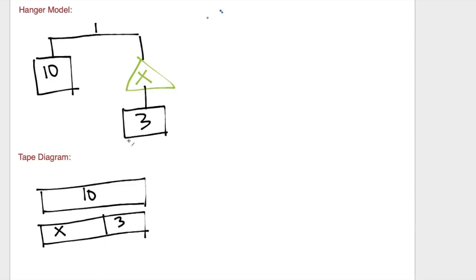So this one is 3. So I can take away 3 on this side to make it equal to 0, and it disappears. And then if I do that on the right-hand side, I have to do the same thing on the left-hand side. So 10 minus 3 is 7 now. So now I have 7 remaining on the left-hand side and x remaining on the right-hand side. So then 7 would equal x. Or you can flip it around, make it x is equal to 7.